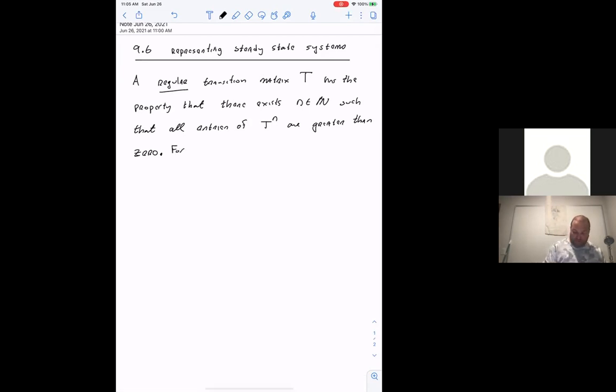For high powers of n, a regular transition matrix converges.